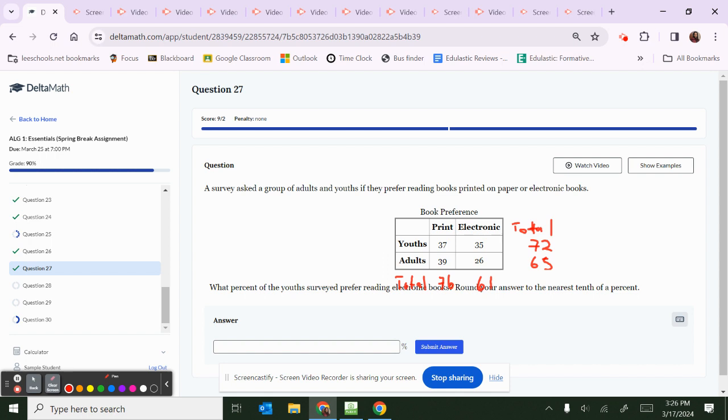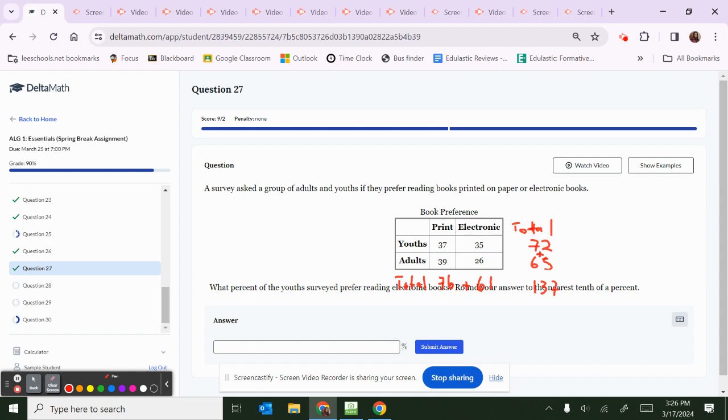So total people in my entire survey is either this added or this added. Either one should give you the answer, which should be 137. All right. So, yep, 137. Okay. So let's read the question. So it says, what percent of youths surveyed?